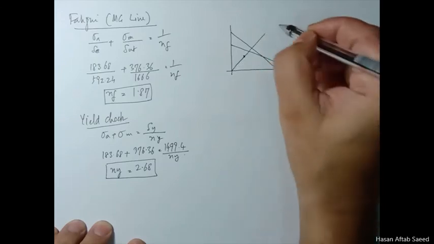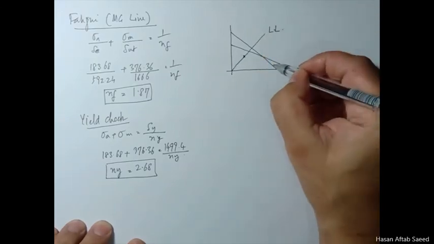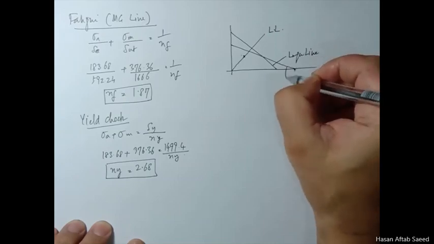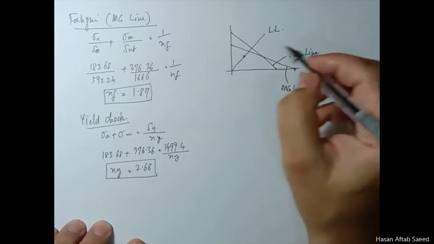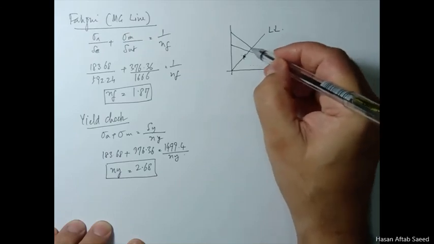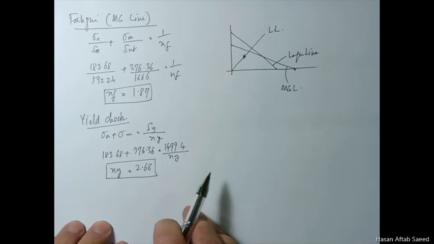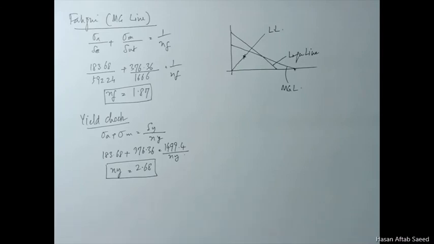This is the load line, this is the Langer line, this is the modified Goodman line, and the point plots below both of these lines, so there is no danger of fatigue as well as yield. So the design is safe from both points of view. Thank you.